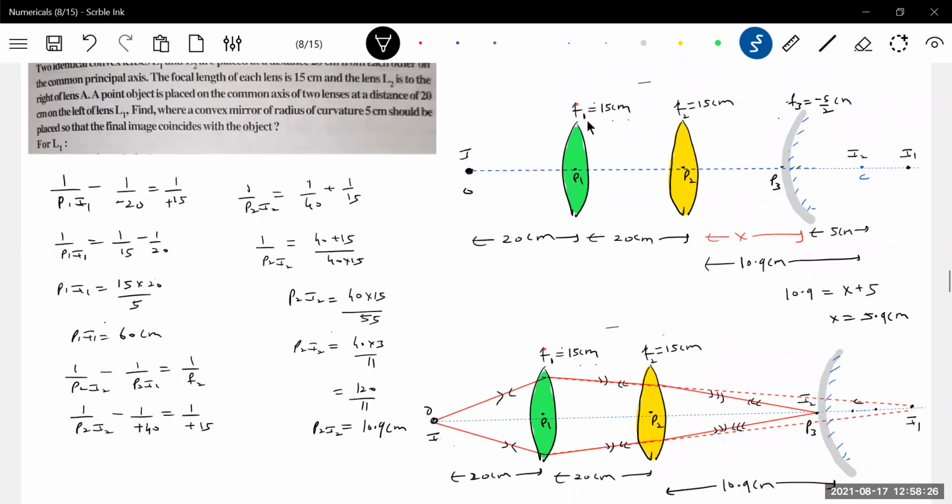Here is how the ray diagram should be. This is I1.